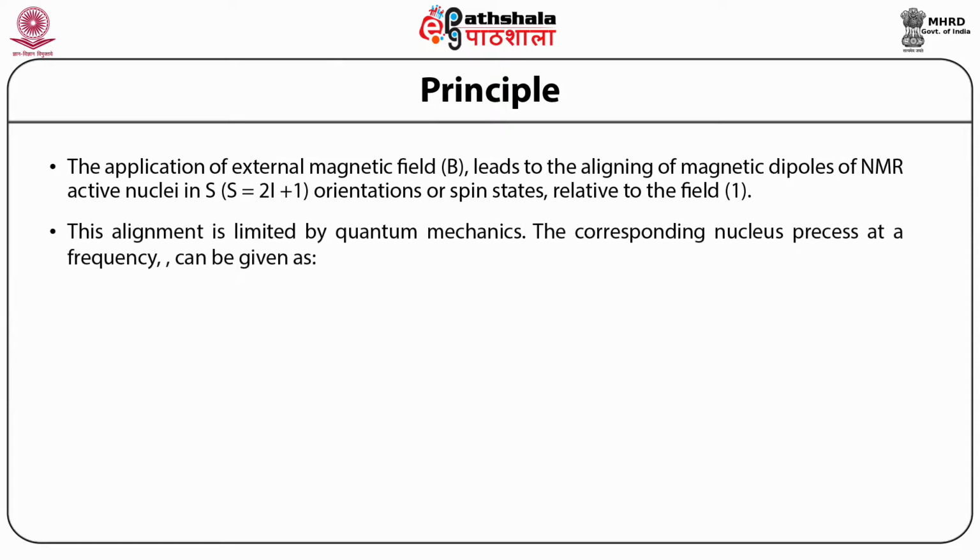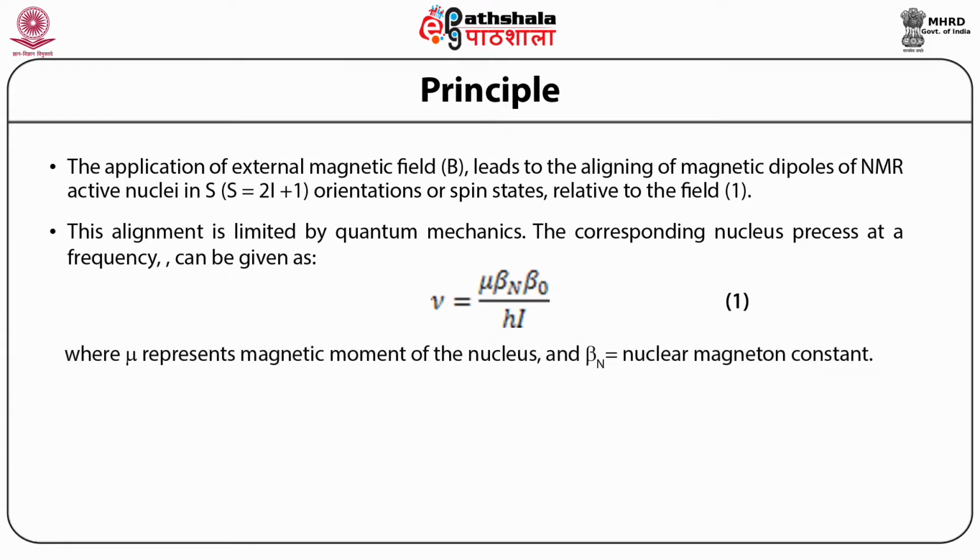The alignment is limited by quantum mechanics and the corresponding nucleus precesses at a frequency nu, which is given as nu is equal to mu beta n B naught upon h, where mu represents the magnetic moment of the nucleus and beta n is the nuclear magneton constant.